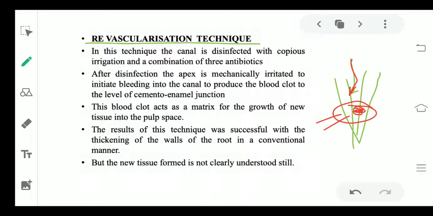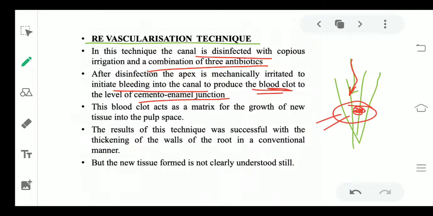So it is a technique in which the canal is disinfected with copious irrigation. First, obviously you are going to disinfect your canal from any kind of infection, and you can use a triple combination antibiotic for this procedure. After the disinfection is done, we induce bleeding into the canal, which will produce a blood clot at the cemento-enamel junction.